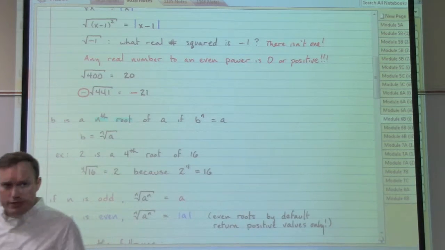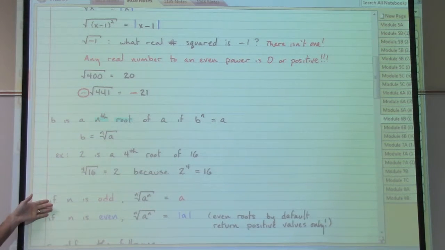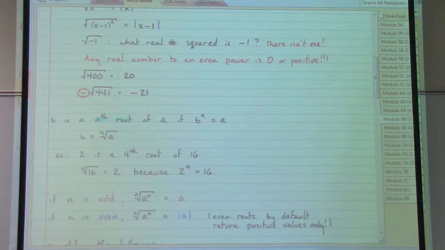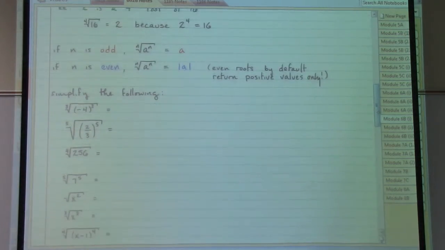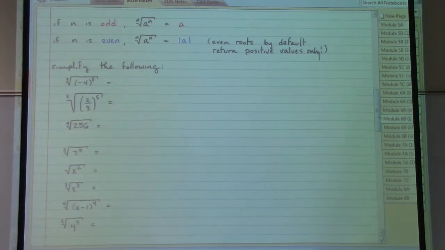So these two rules here take care of any kind of root, including a square root, and now open us up to having many more different examples that we can look at, like these.